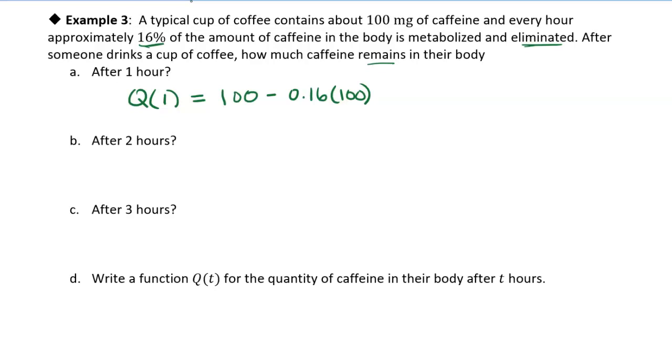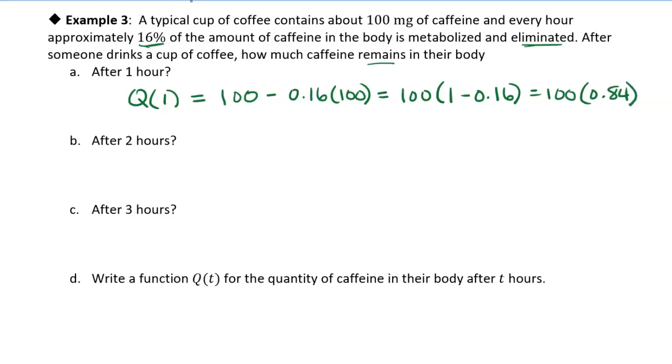Now I'm going to do something similar to what I did in the last example. I'm going to factor out that factor of 100 just so you can see another way to look at this. So 1 minus 0.16. I factored out 100 and I end up with 100 times 1 minus 0.16, which is 100 times 0.84.